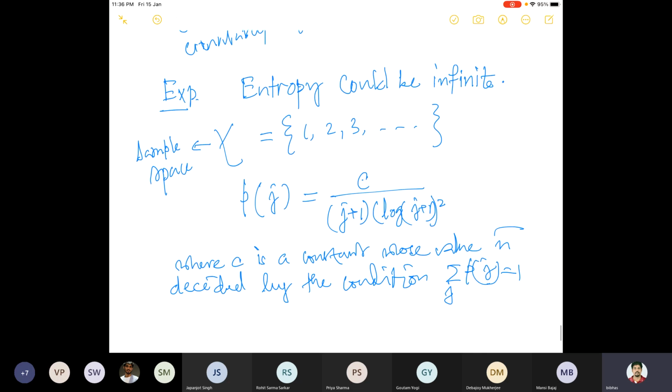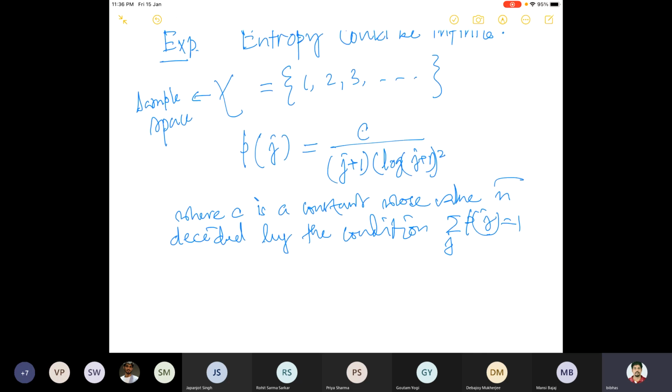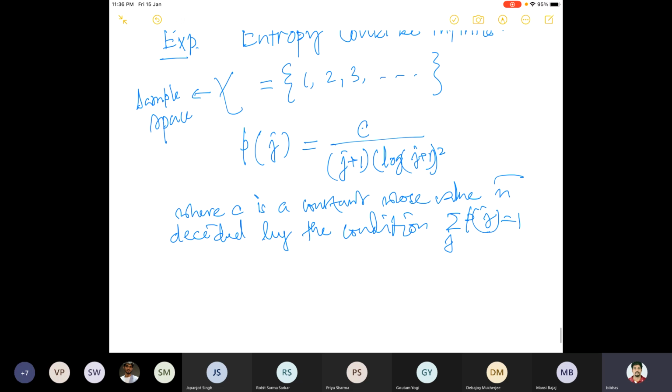From that condition we'll get the value of c. Then calculate the entropy of this random variable associated with this distribution. Find it out. What is that?